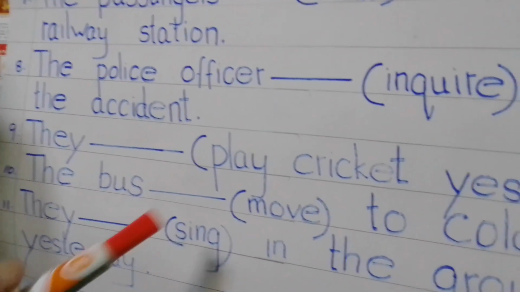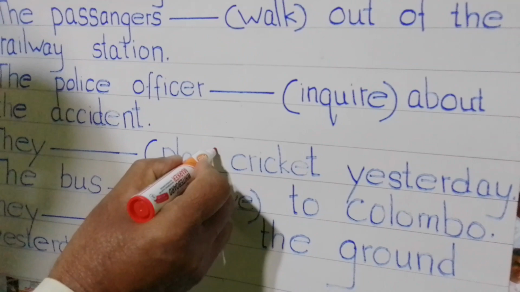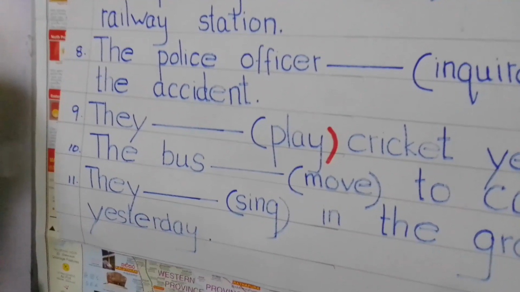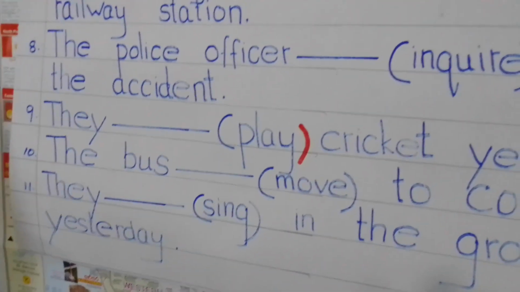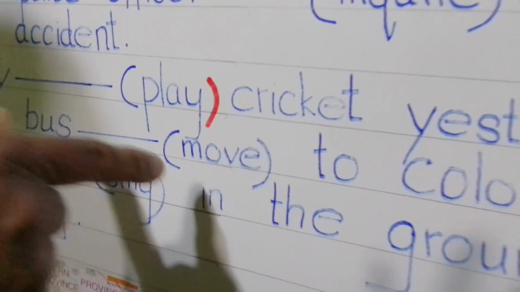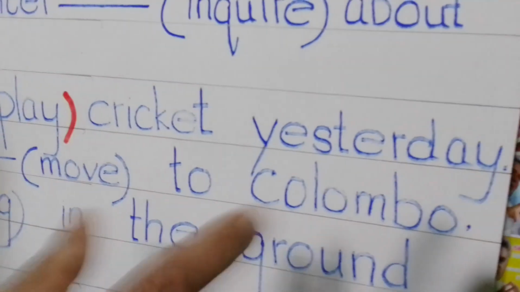They were playing. They were playing cricket yesterday. Next one, 10th one, the bus. It is singular. You have to use the auxiliary verb was. The bus was. You have to use the verb with ing. The bus was moving to Colombo.